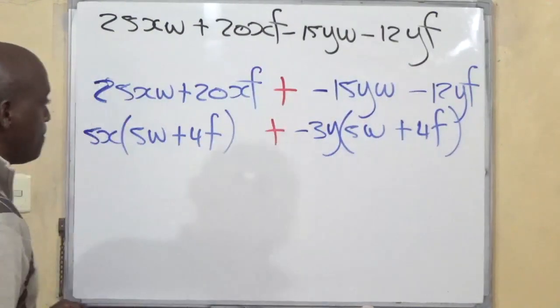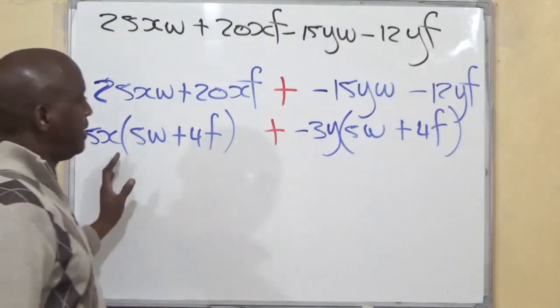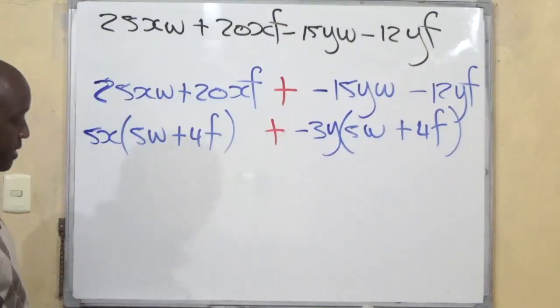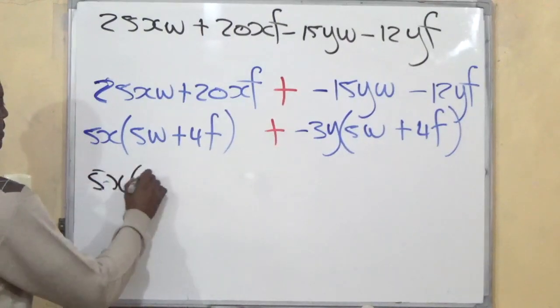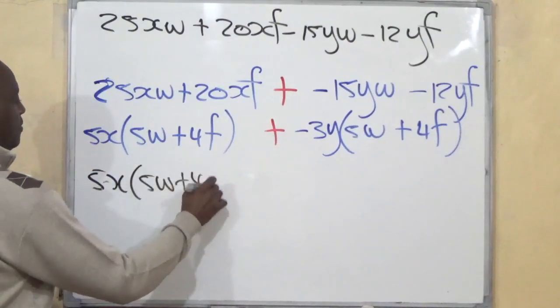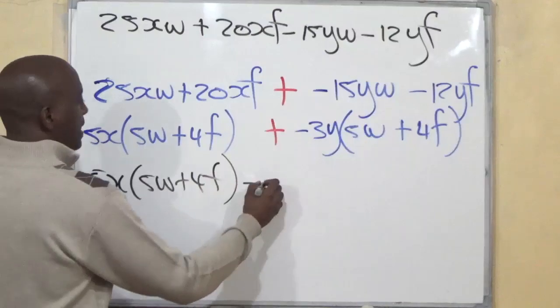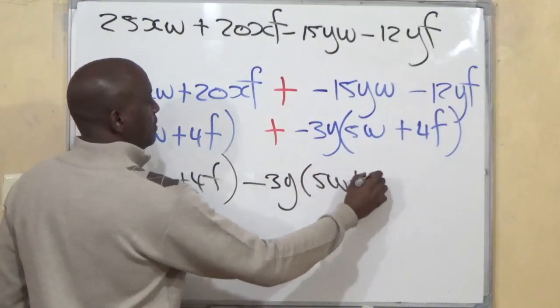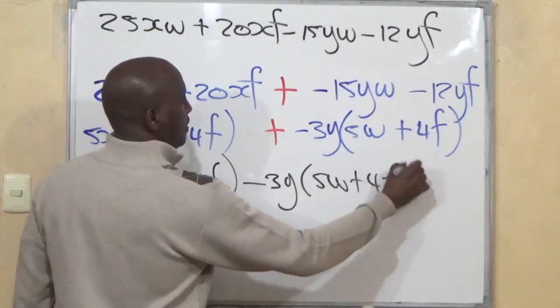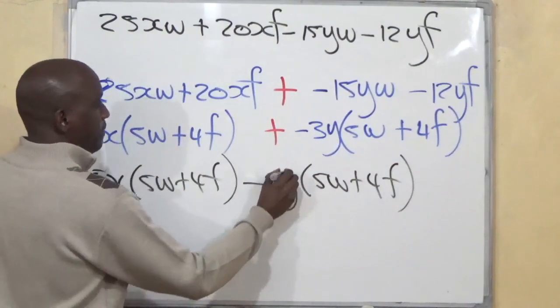So now you could say that this in blue is actually 5x into 5w plus 4f minus 3y into the same 5w plus 4f. Yeah?